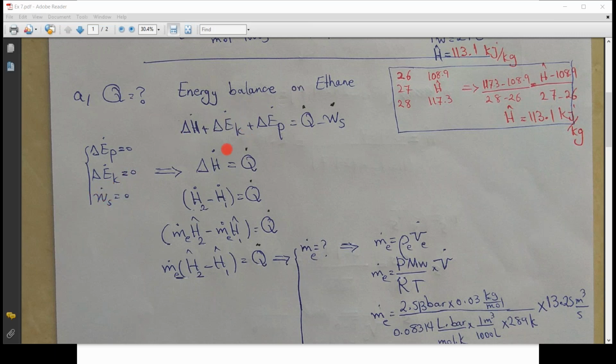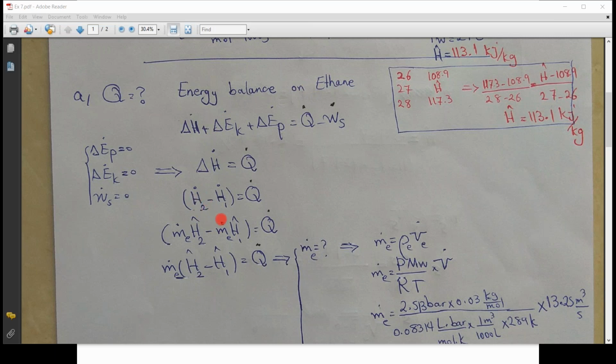So what if you remove all these terms? What we leave here is just delta H and Q. First of all, we write the energy balance just for the first component, that is ethane, right?